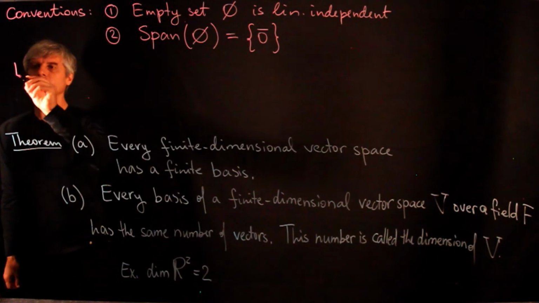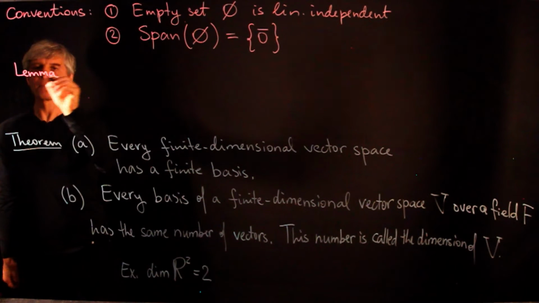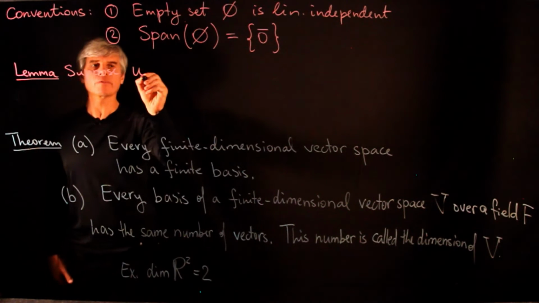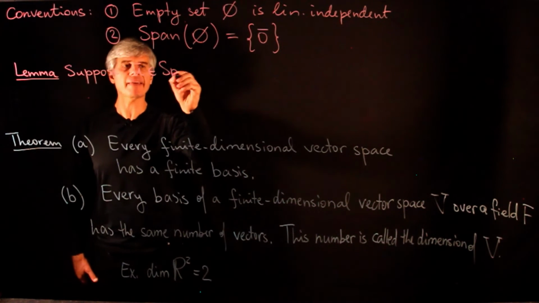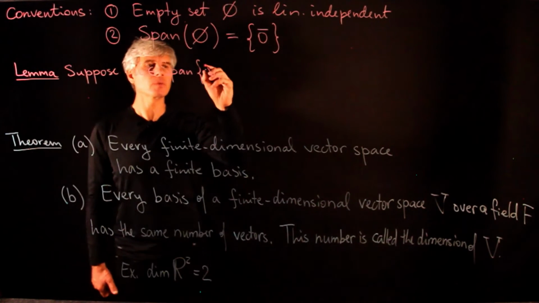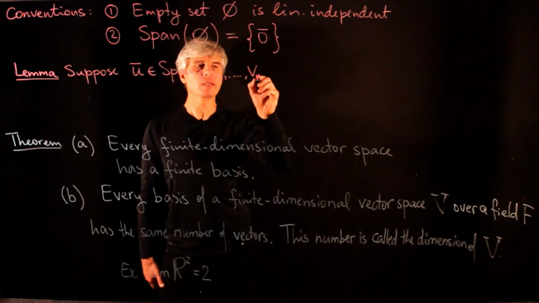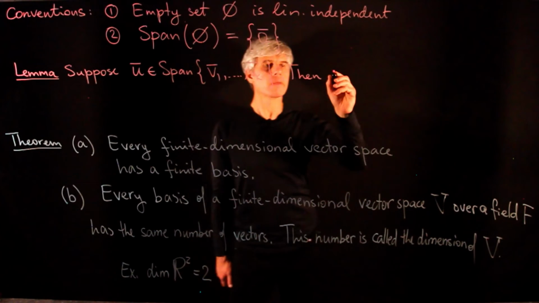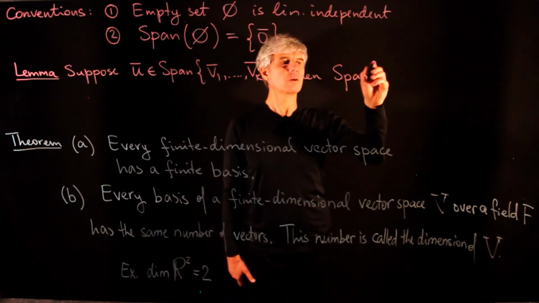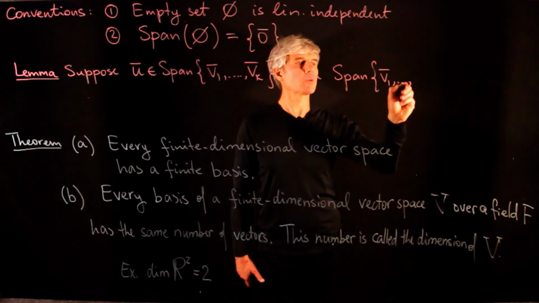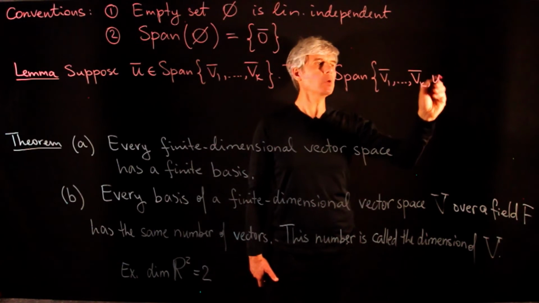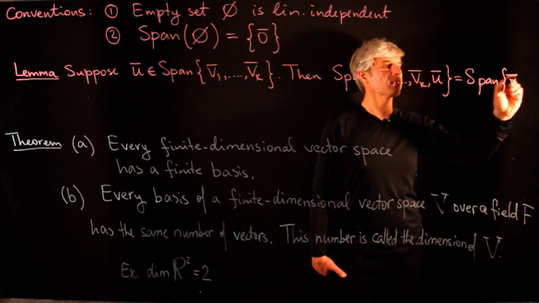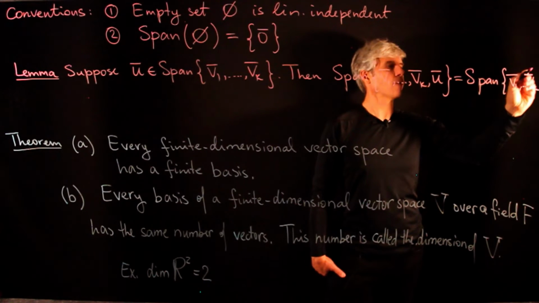Let us prove the following lemma. Suppose vector u belongs to the span of vectors v1 to vk. Then the span of vectors v1 through vk together with u is equal to the span of the original set of vectors v1 through vk.